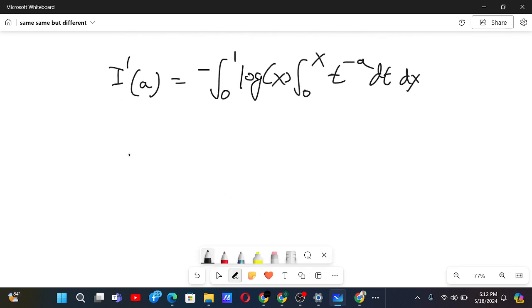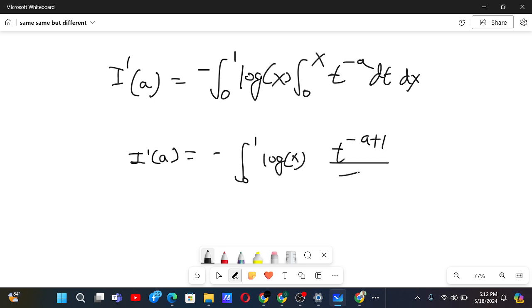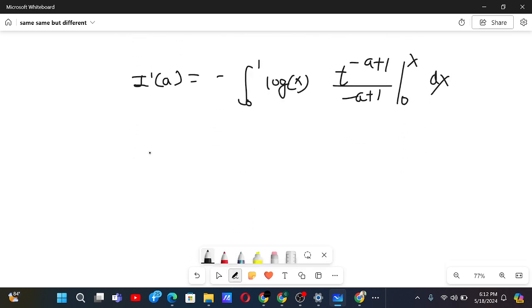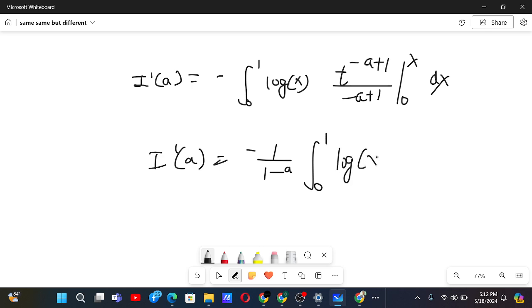Then I'(a) equals negative of the integral from 0 to 1 of log of x times its integral, which is t to the power minus a plus 1 by minus a plus 1, from 0 to x, dx. Now we can take this constant outside: 1 by 1 minus a, integral from 0 to 1 of log of x, and that will just be x to the power minus a plus 1 minus 0.